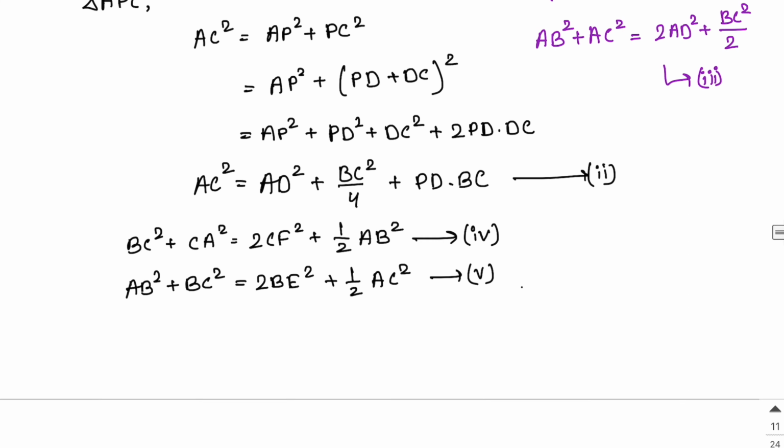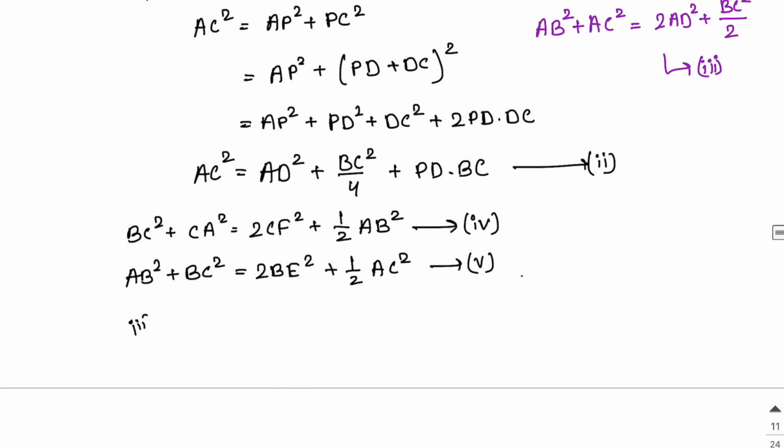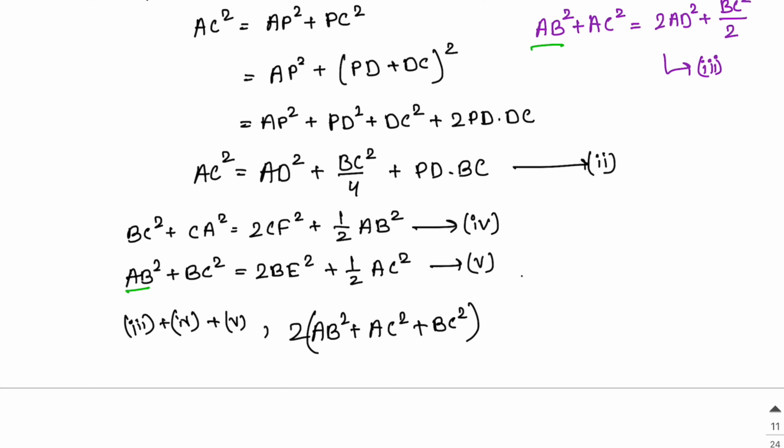Now if you join equation number 3 plus equation number 4 and plus equation number 5, then you can write down AB square plus AC square plus BC square multiplied with 2, because here you have AB, here you have AB, 2AB, then here AC, here also AC, and here it's BC and BC. Okay, so you can multiply 2 with this one.